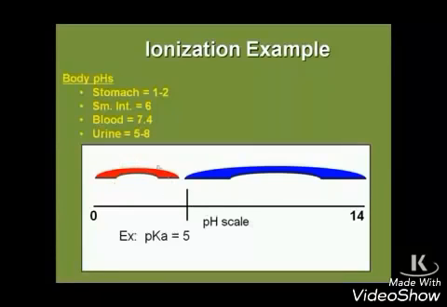Now, what is this environment called, where you've got a pH lower than the drug's pKa? You should call that an acidic environment. And on the right-hand side, where the pH is above the pKa, that of course is going to be a basic environment.